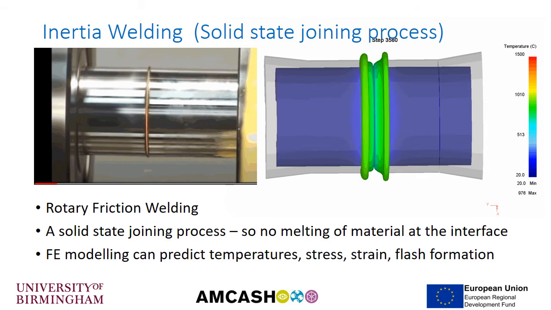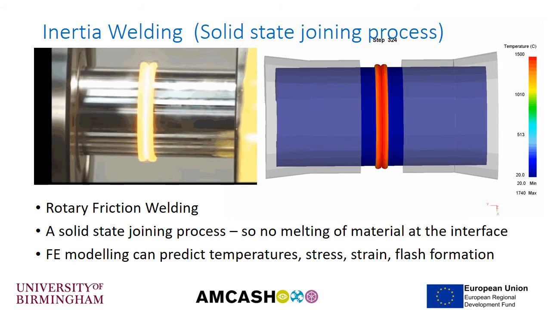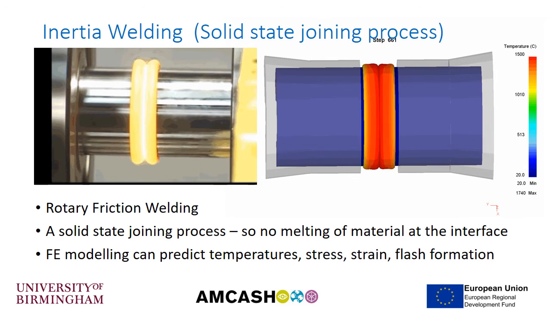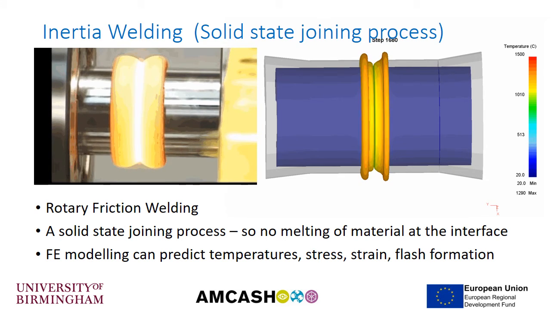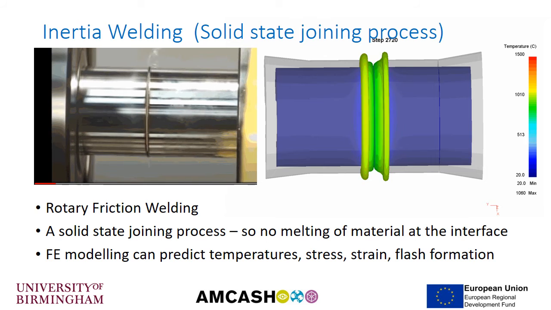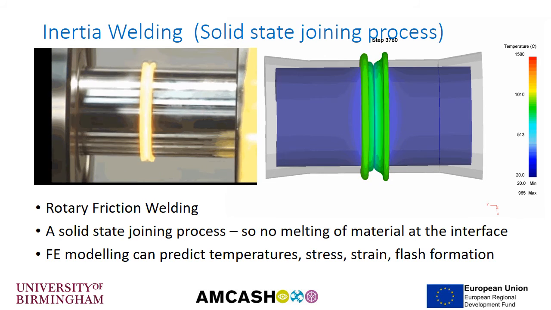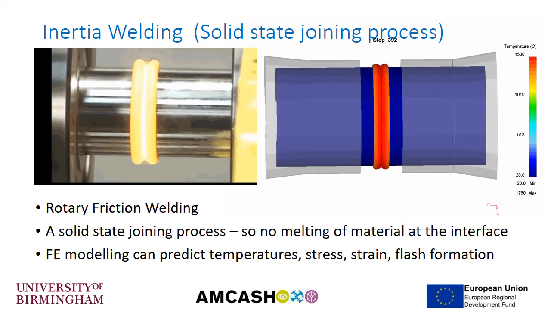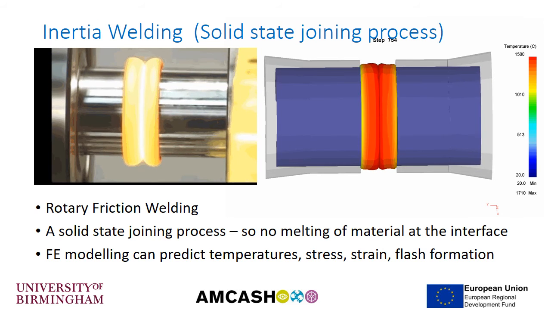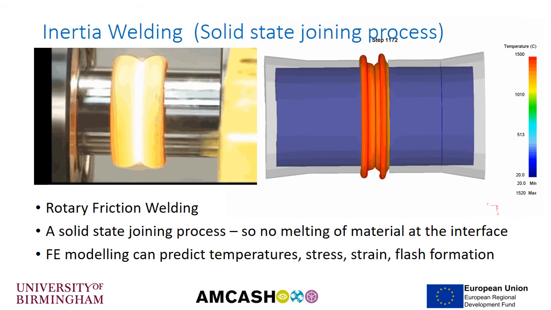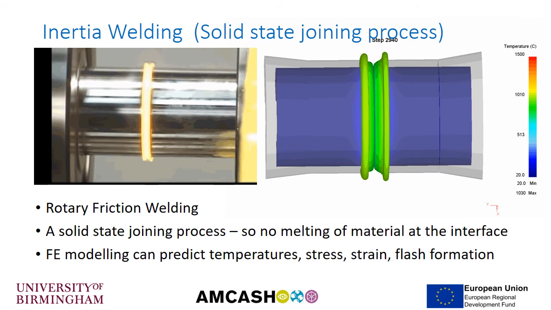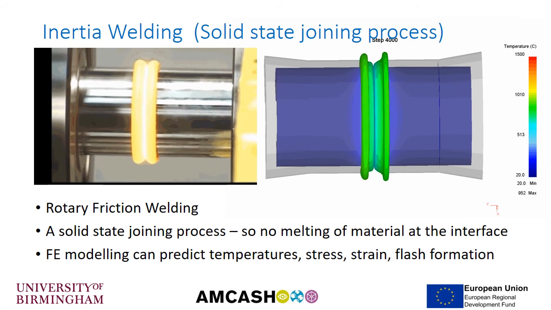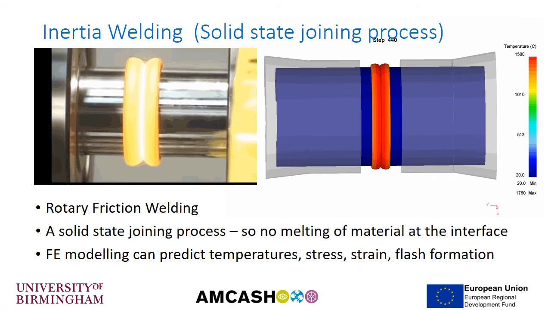We can see the video playing through in the top left corner of the process, and in the top right we can see a process model of an inertial weld. So again, we can see that our process model can begin to predict things like the temperatures, the stress, the strain, distortions, and the flash formation in this process. So we can see that we can get quite an accurate representation of the real process using our modelling technology.